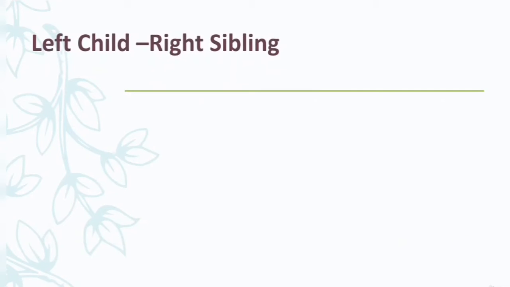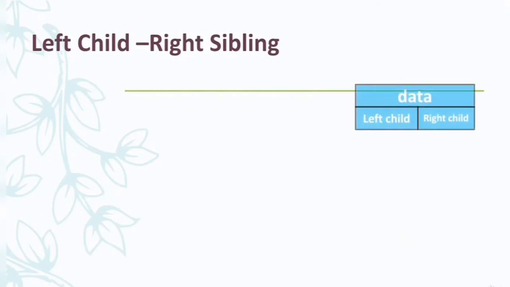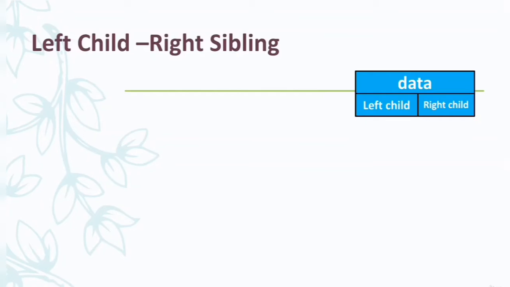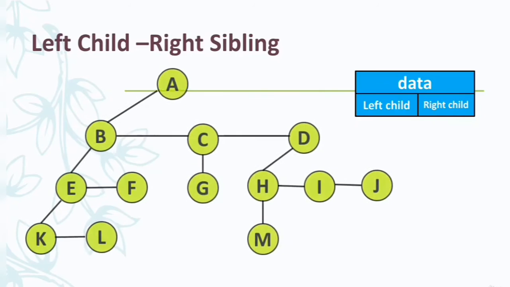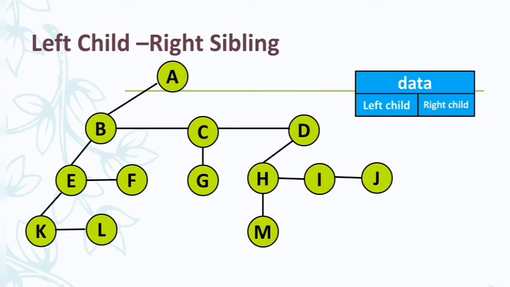So let's move forward towards the next point, that is the left child and right sibling. Basically each and every node in a tree has three parts. The first one is data, the second one is the left child and the third one is the right child. Maybe the left child or right child can be absent. So let us consider that this is my tree in which A is the root node.